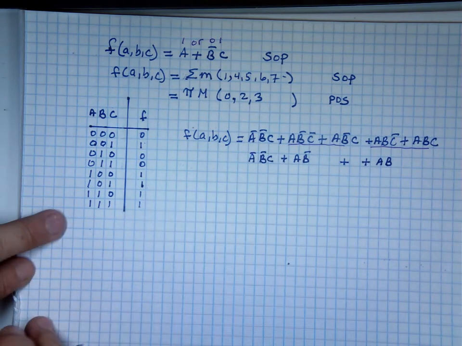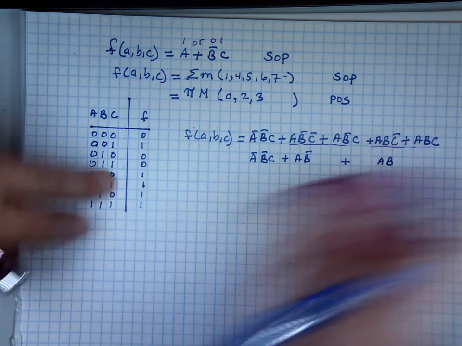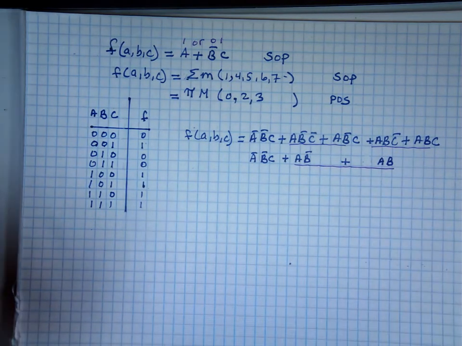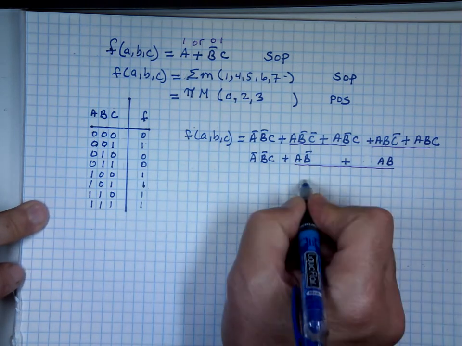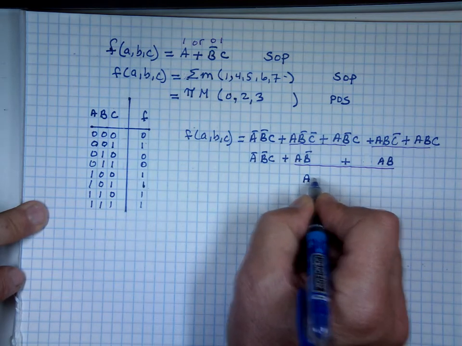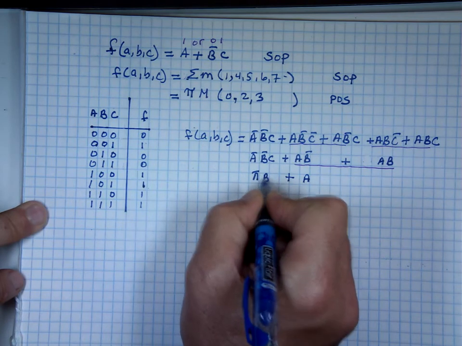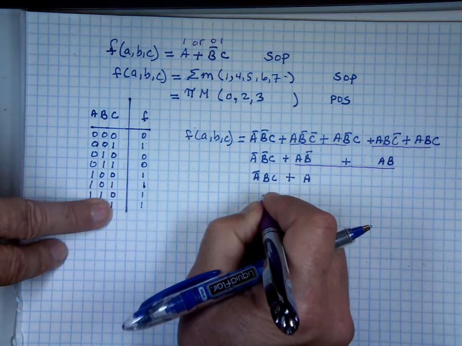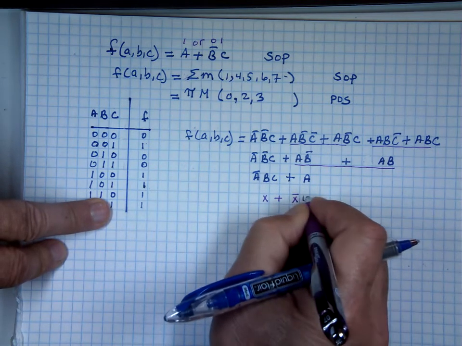Now, I know I have 2 plus signs. Let's look at these 2. You can factor out the A. These two. If I factor an A, what's left? B bar plus B, which is 1. And we have a rule that says what? It's also A bar, B bar, C. X bar Y can be written as what?